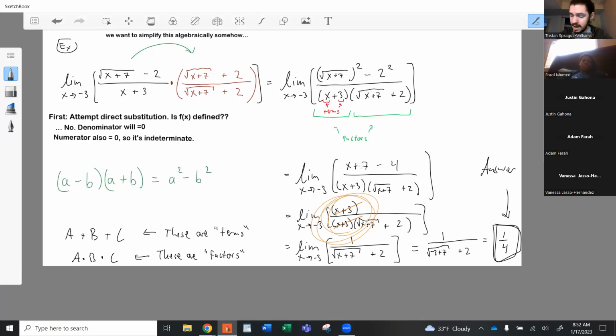Because in a way, you can think of it like this. The reason we had 0 over 0 originally was because of this x plus 3 over x plus 3. It's because of those factors. If you cancel them, now you don't have 0 over 0 anymore.